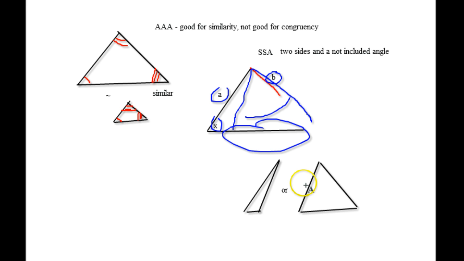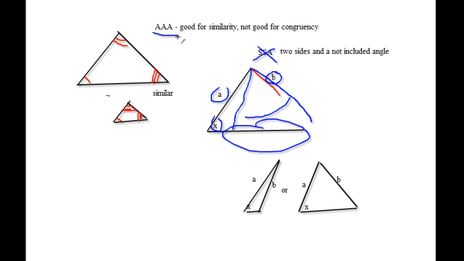Okay, so this is both the same, this is both the same, okay, and this angle is both the same, but as you can see, I actually have two different triangles, so I don't know which one to use. So this is not so good, and we never use this for congruency.